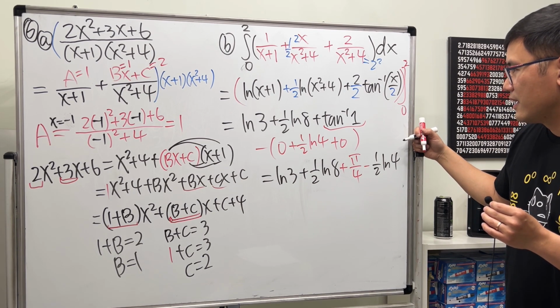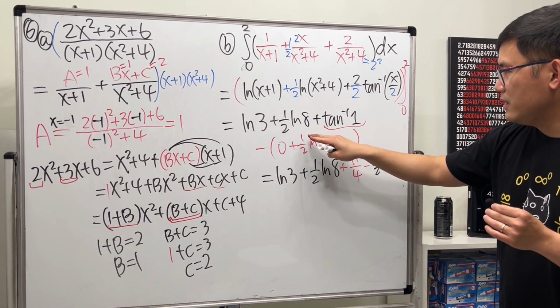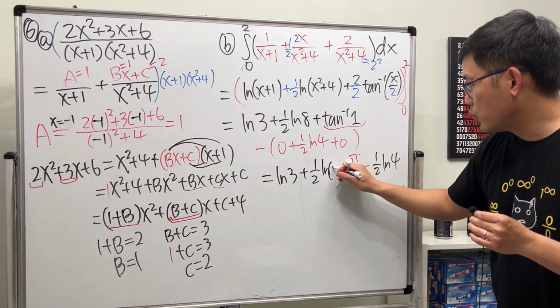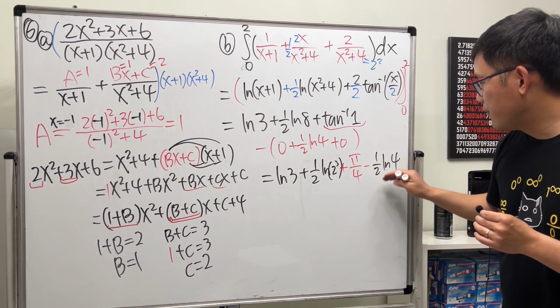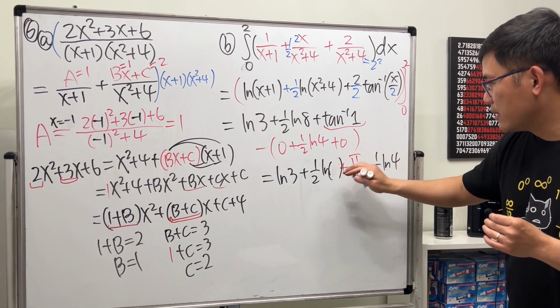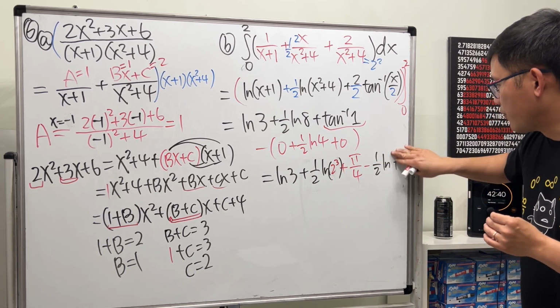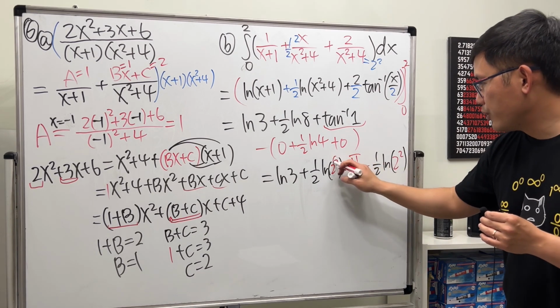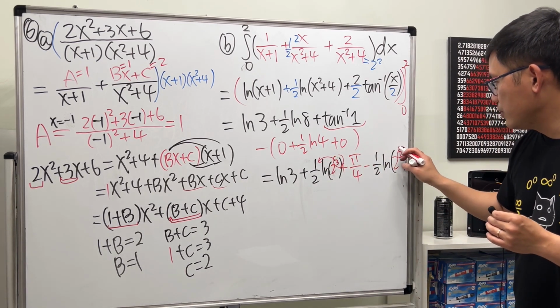Okay, what I'm going to do is, for the 8, I'm going to replace that with 2 to the third power. And for the 4, I'm going to replace that with 2 to the second power, so that I can bring the 3 to the front and I can bring the 2 to the front.